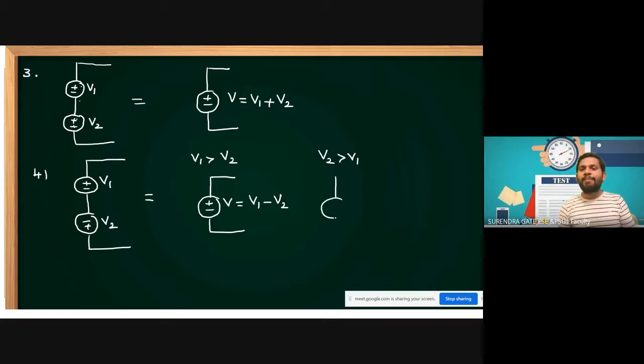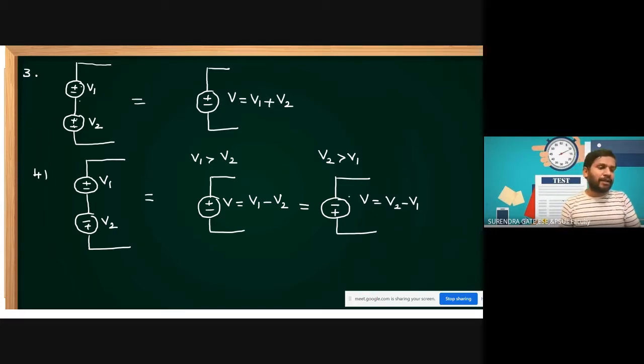Now it is not plus minus, you take minus plus, and V equals not V1 minus V2 but V2 minus V1. Understand, students? Based on this, we can decide the final polarity of the source. If V1 is greater than V2, we apply like this. If V2 is greater than V1, we apply like this. Please concentrate on this.